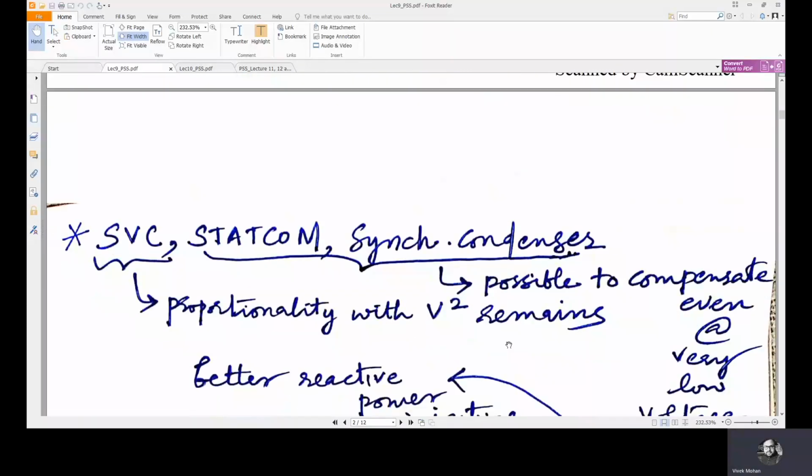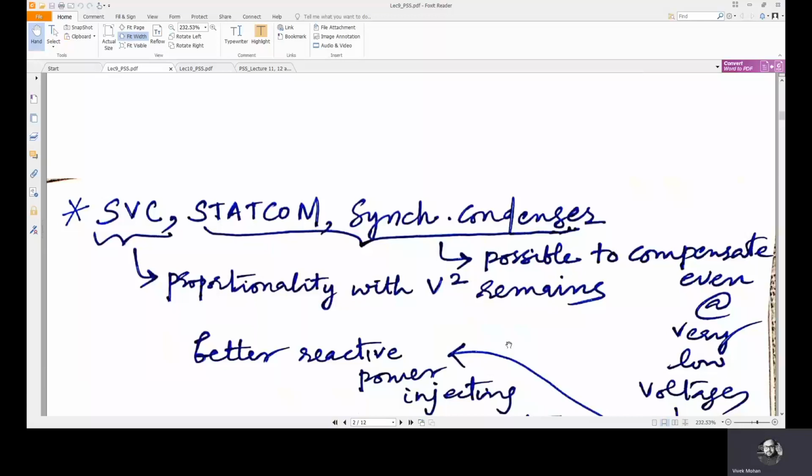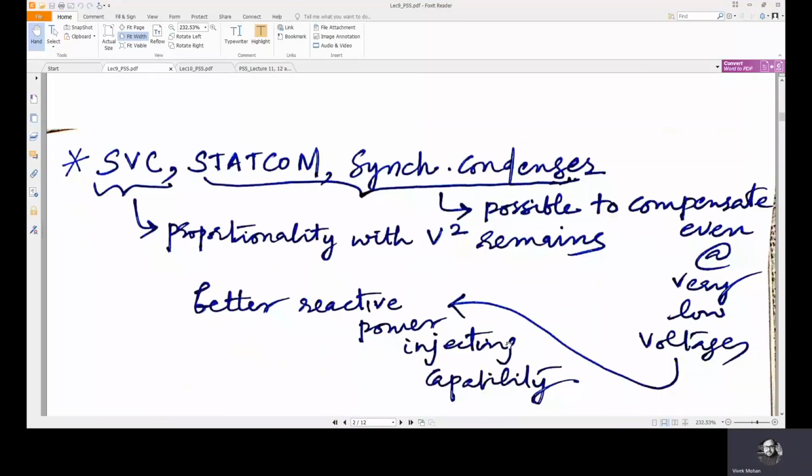In contrast to this, STATCOM and synchronous condenser, these compensating devices, are able to compensate even at very low voltages. So they have better reactive power injecting capability. Of course, STATCOM can even use a battery to compensate momentary active power fluctuations also.